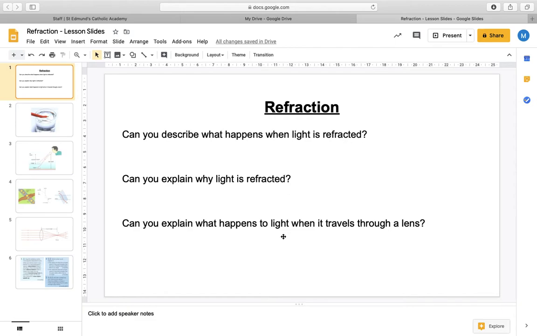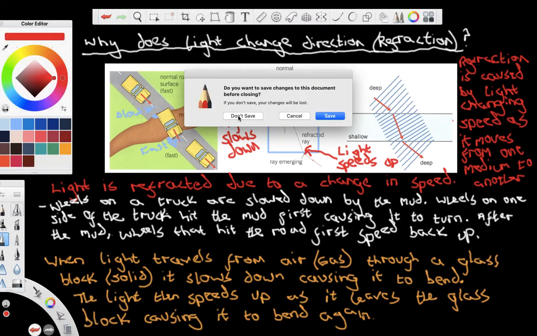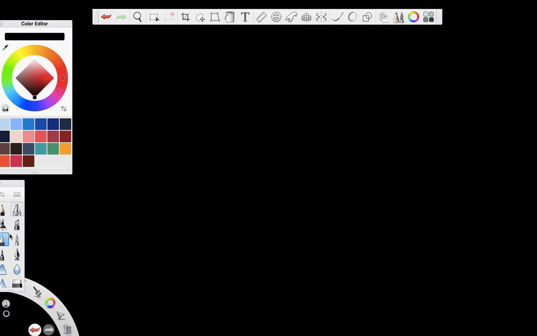Our final one, can you explain what happens to light when it travels through a lens? So let's clear our screen. Let's reset it back to black. Remember, if you haven't finished, you can pause the video at any point and revisit any parts if you're not sure. You can also pause the video and go on the internet and research further into things.